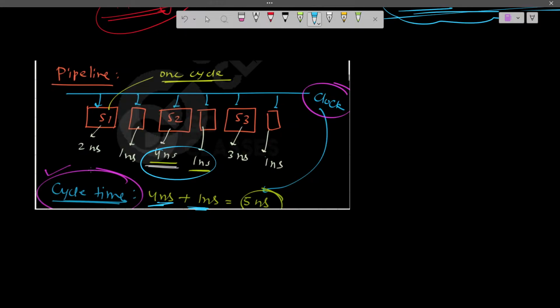And how that works, we will take the one with the slowest clock cycle. You can see that this is 4 nanoseconds, which is the slowest here, then the others 2, 3. 4 is the slowest. So 4 plus 1, 5 nanoseconds is one clock cycle.